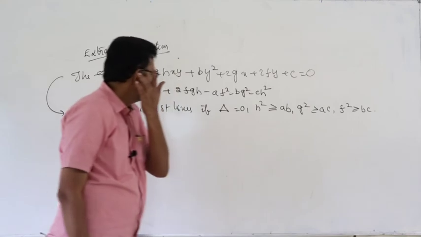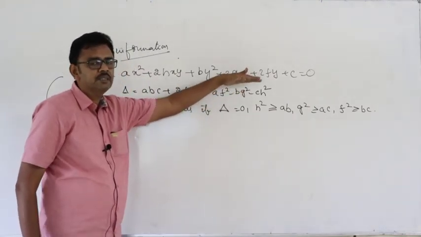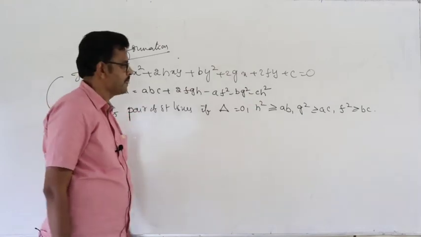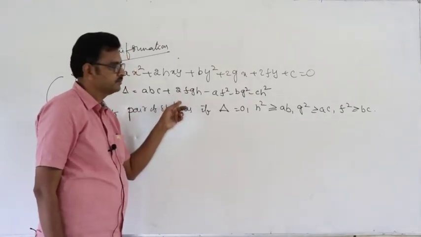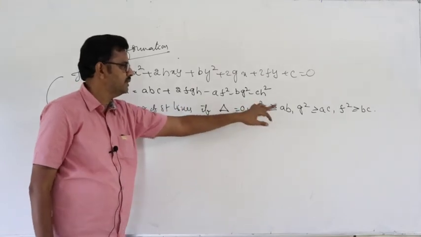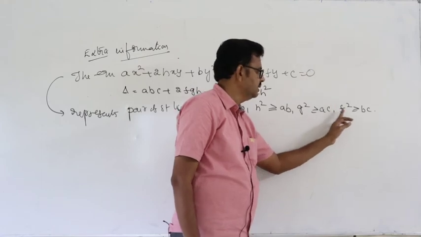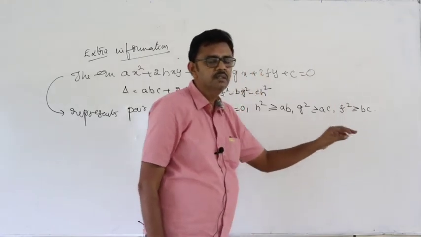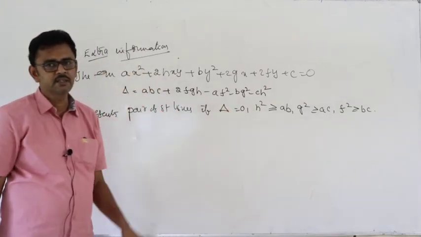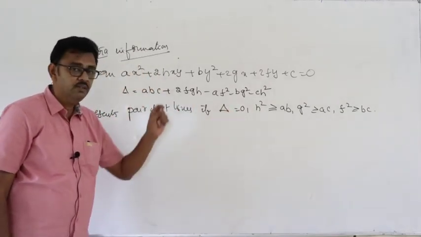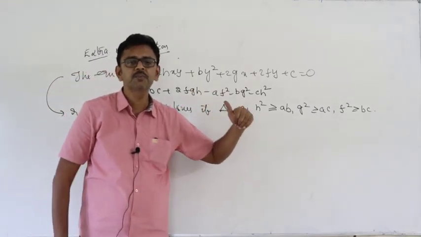If these conditions are satisfied, then the above equation represents a pair of straight lines. If any one condition fails, the equation does not represent a pair of straight lines.